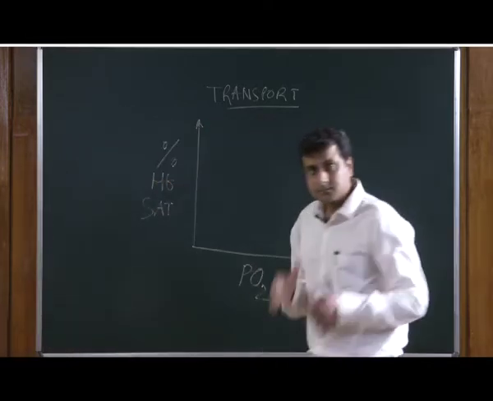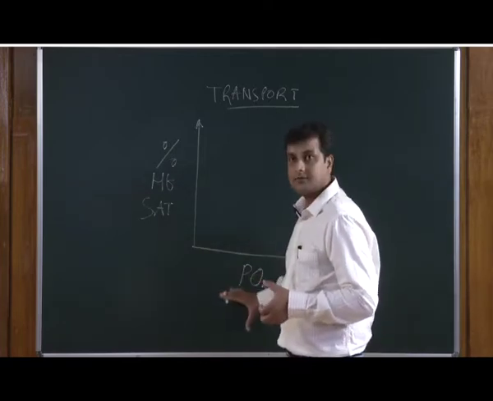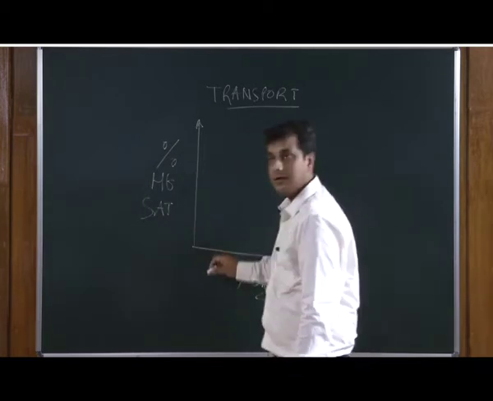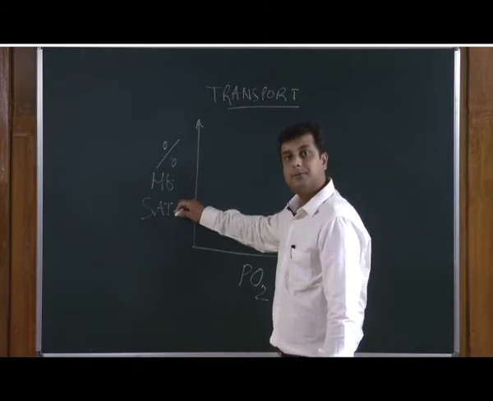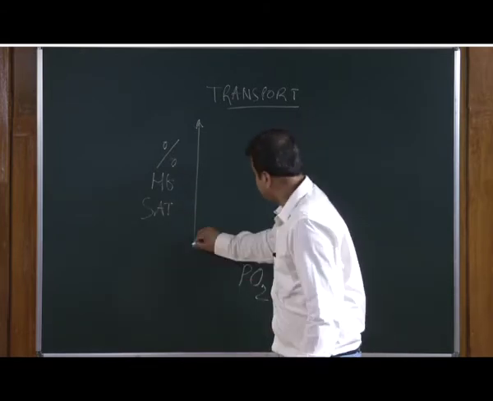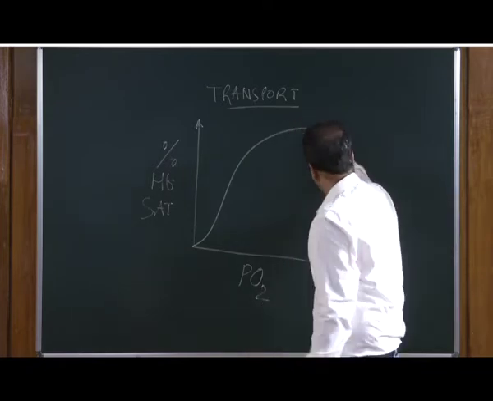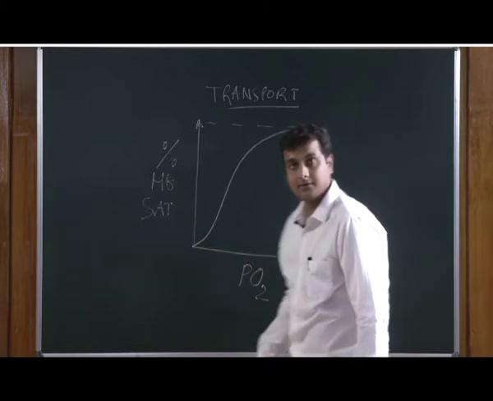The hemoglobin molecule is getting saturated with oxygen at different concentrations. This graph of partial pressure of oxygen against percent hemoglobin saturation roughly gives a sigmoid curve, where 100% saturation comes with a high partial pressure of O2.